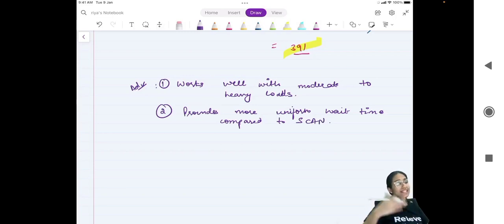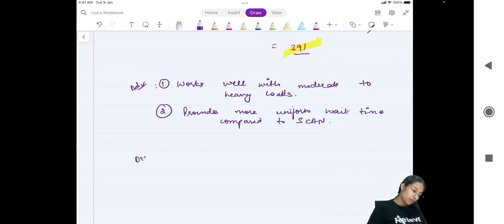Okay, but the disadvantage of using C-SCAN is that sometimes it may not be fair, okay, to service those requests for the tracks that are at the extreme end. Okay, there are some requests which are at the extreme end. Now that might be a little bit disadvantageous over here because we are moving end to end. Okay, and here obviously it has comparatively more seek time.